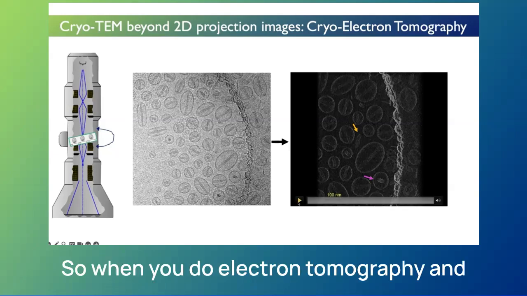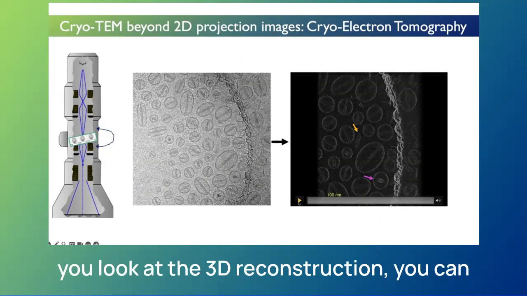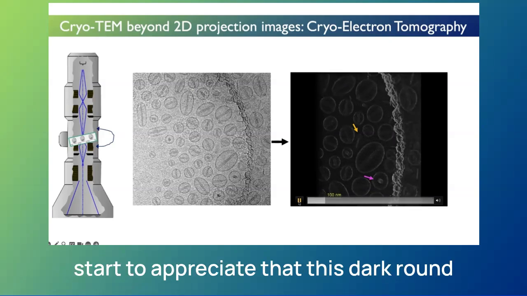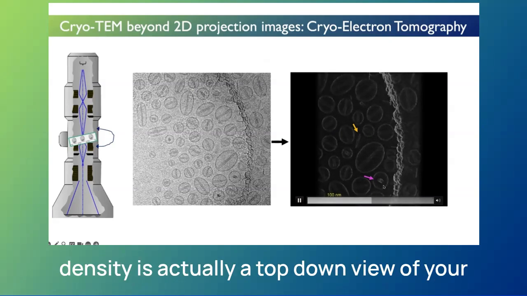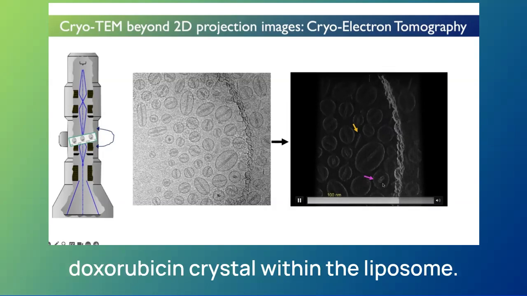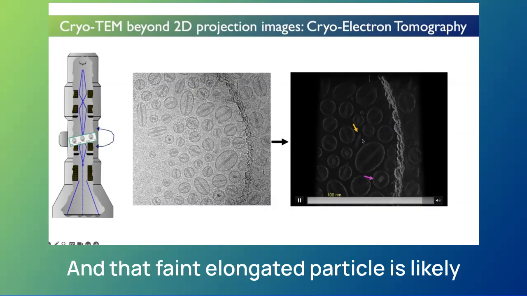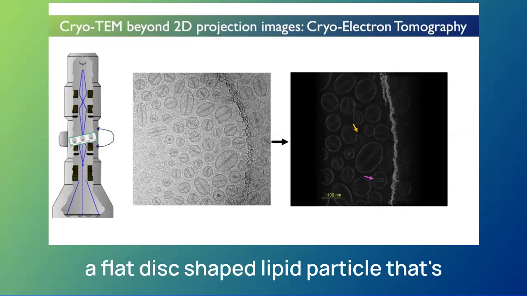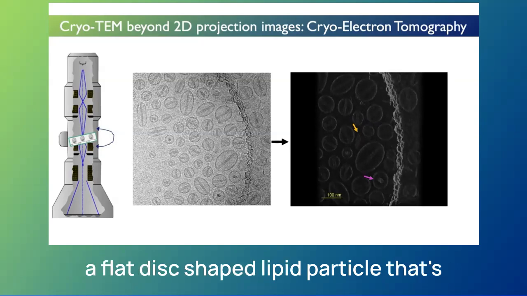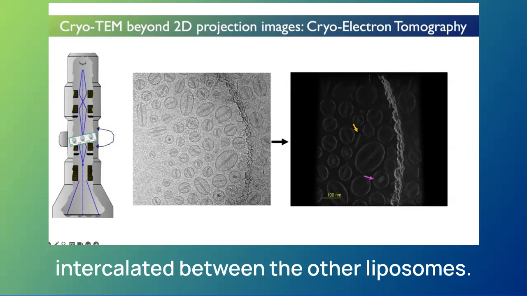So when you do electron tomography and you look at the 3D reconstruction, you can start to appreciate that this dark round density is actually a top-down view of your doxorubicin crystal within the liposome. And that faint elongated particle is likely a flat disc-shaped lipid particle that's intercalated between the other liposomes.